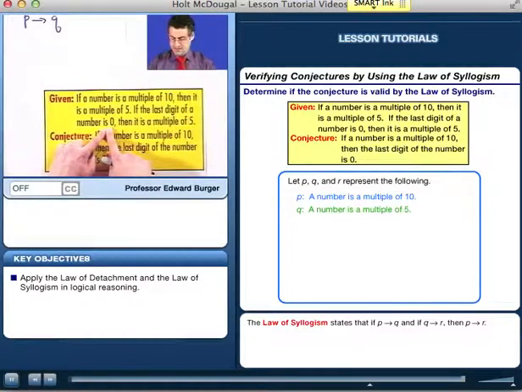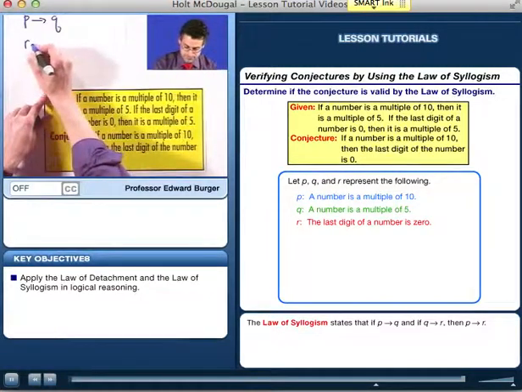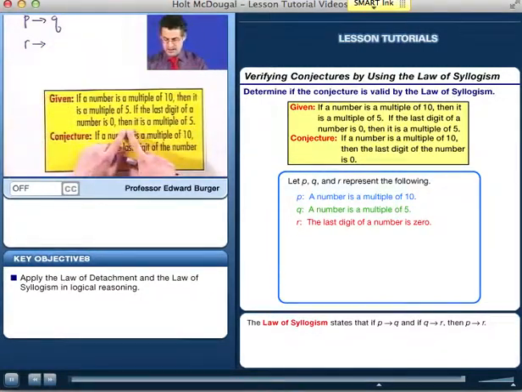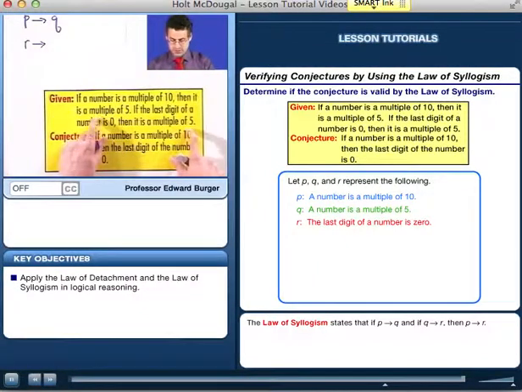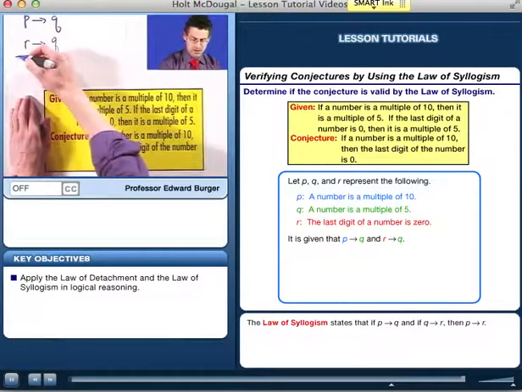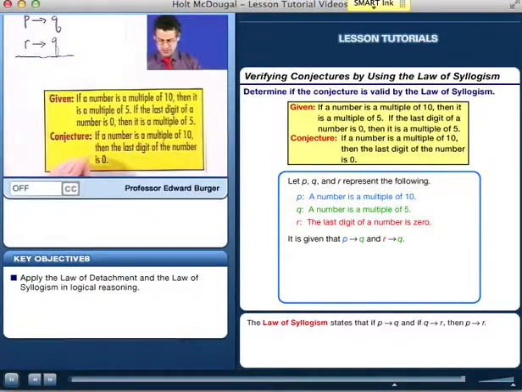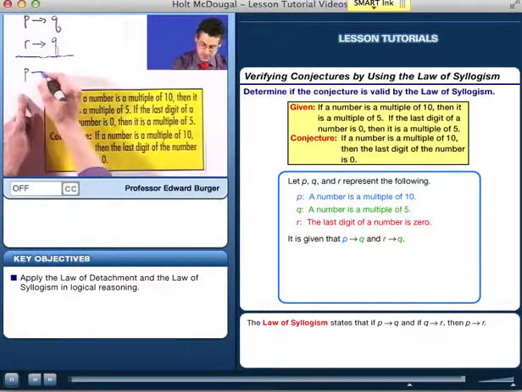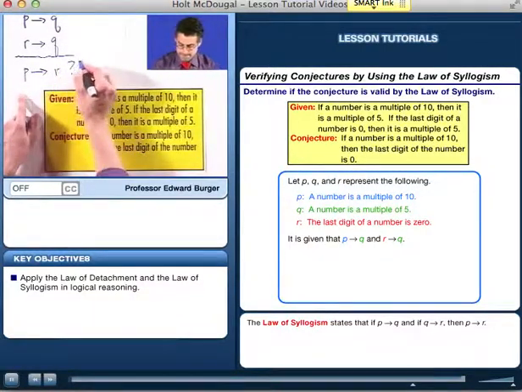That's a new statement, let's call that R. And that implies the number is a multiple of 5, which we've already called Q. So those are the two things that we know, and the question is, can we conclude that if a number is a multiple of 10, that's P, then the last digit of the number is 0, that's statement R? Can we conclude that P implies R?